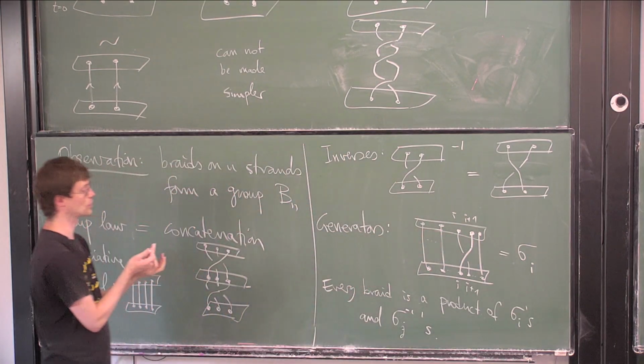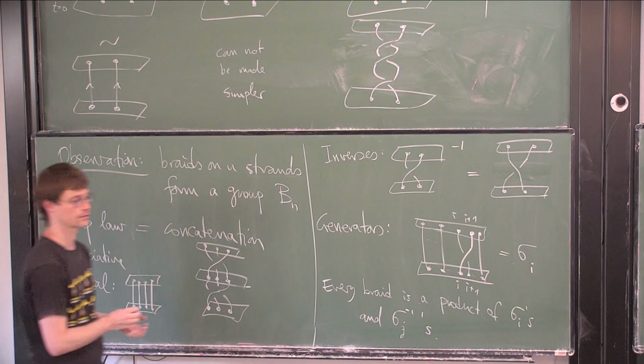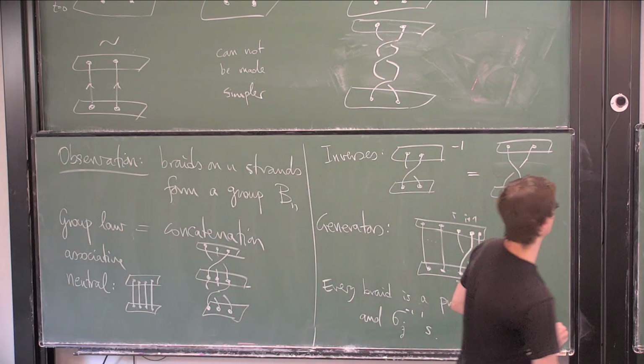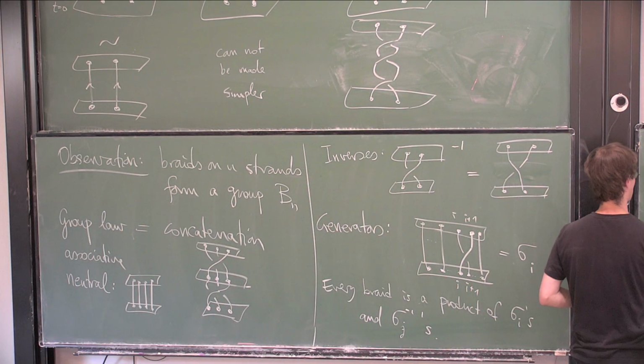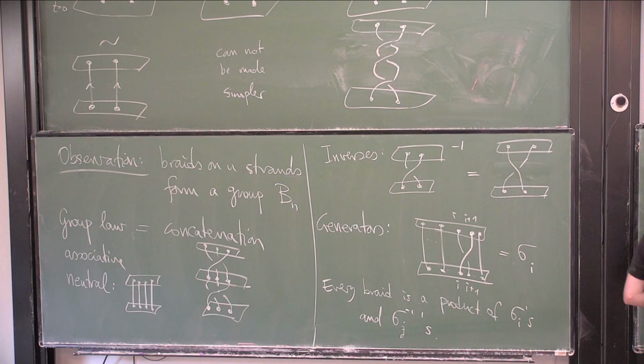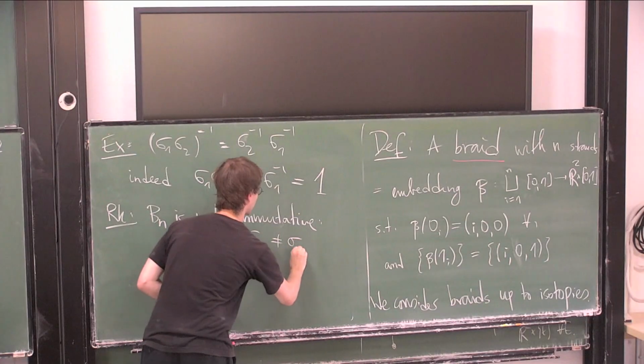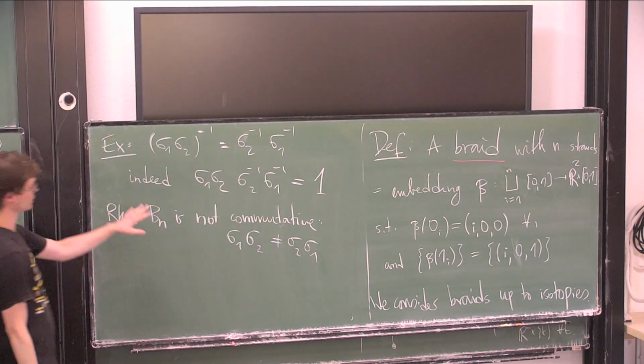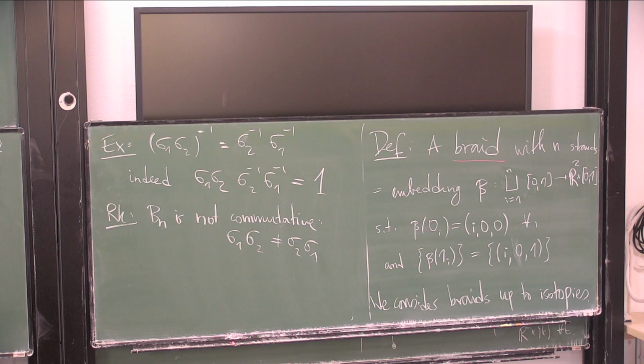If they are too close to each other, then they don't commute. B_n is not commutative. Like sigma 1, sigma 2, for example, is different. You can draw the pictures and you'll see it's different.